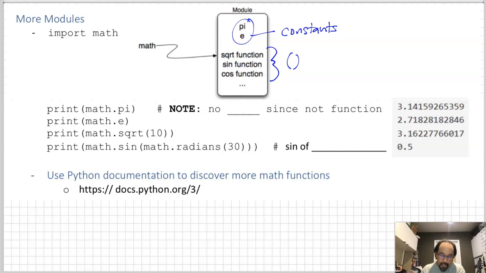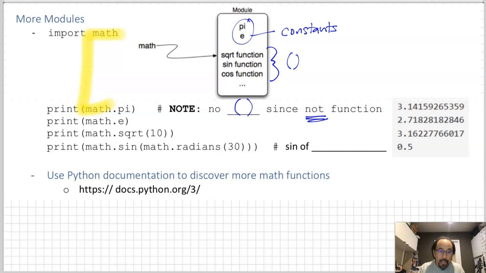If you remember syntactically, I start off by declaring the library that I want to access, followed by a dot, followed by either the constant or the function that I want to access within that library. So math.pi.